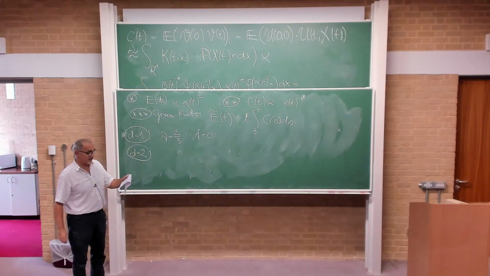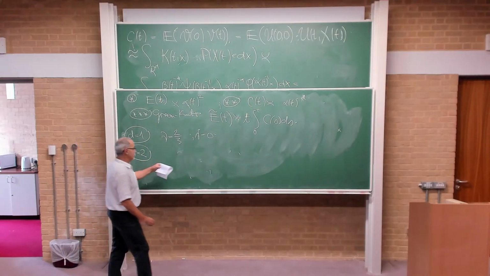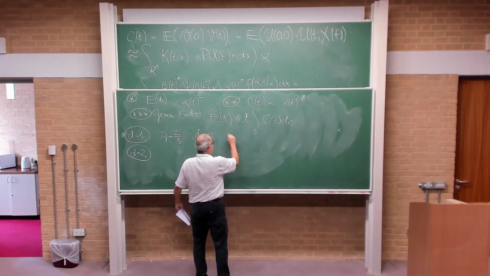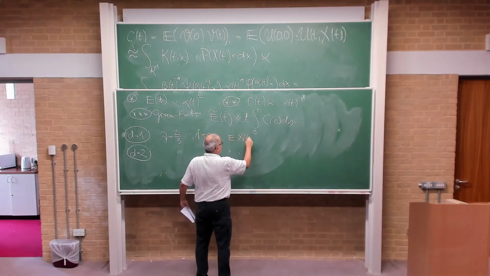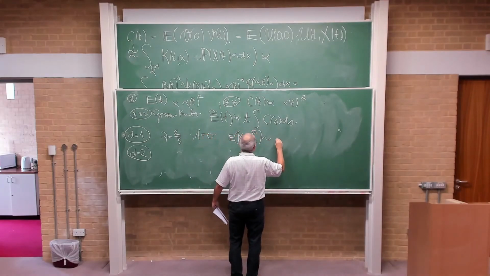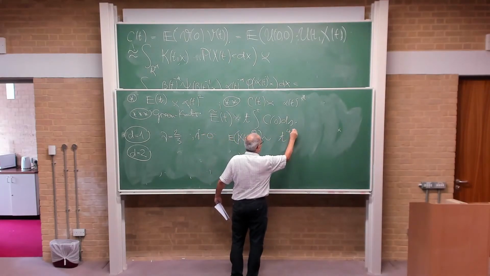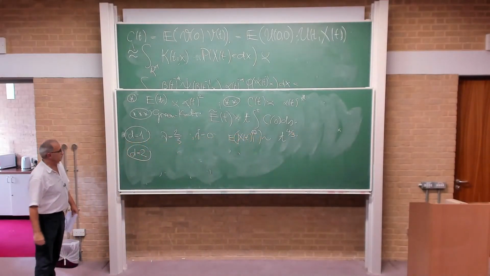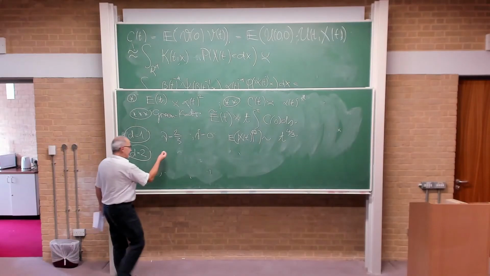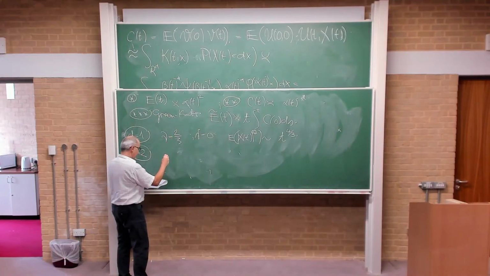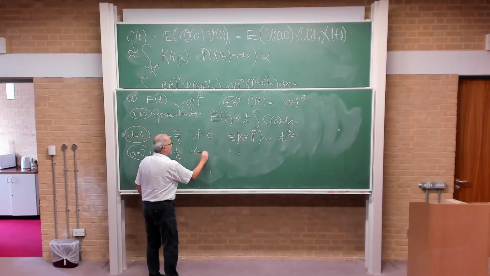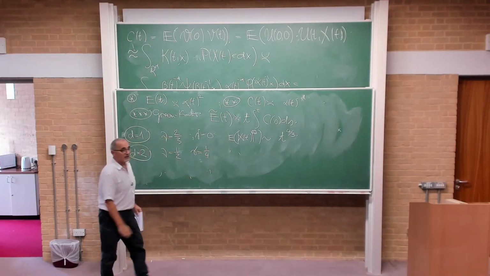Somebody wants to guess? So in 1 dimension, E of X(t) squared will be of order time to the 4/3. In 2 dimensions, the only consistent solution of this problem is nu equals 1/2, gamma equals 1/4, and nothing else.